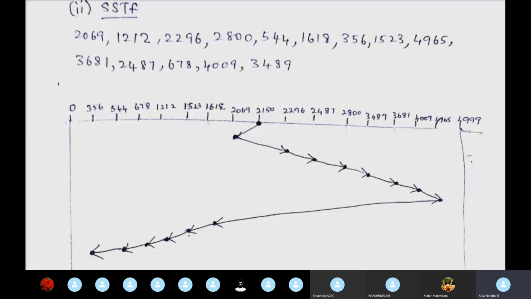Then this 2296 minus 2069. சோ நீங்க என்ன பண்றீங்கன்னா எல்லாருமே இதுக்கு பக்கத்துல என்ன இருக்கு 1618, ஆனா அது பக்கத்துல இங்க டயகிராம்ல தெரிஞ்சாலும் the distance between 2069 and 1618 is larger compared to the distance between 2296 and 2069. சோ அதான் ரெண்டு வேல்யூவும் சப்ட்ராக்ட் பண்ணி பார்த்து எது ஸ்மாலரா இருக்கோ அங்கதான் உங்க டிஸ்க் ஹெட் மூவ் ஆகணும்.